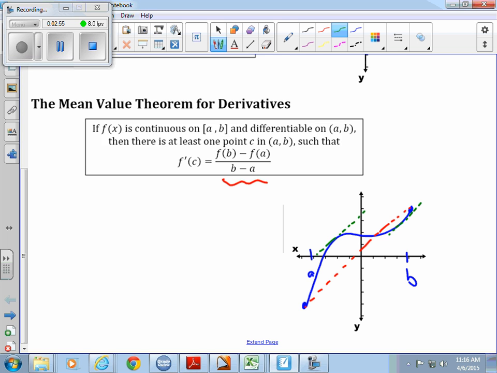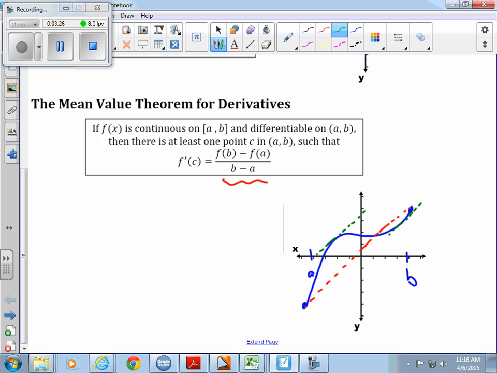Now let me give you a real-world application of this so this makes a little bit more sense. If I drive from here to Fort Smith with no stops, I don't do anything crazy, don't turn around, just drive straight continuously from here to Fort Smith, and I average 60 miles an hour, did I speed at some point? Had to, right? Maybe not the whole way, because it's on 80 for a while.